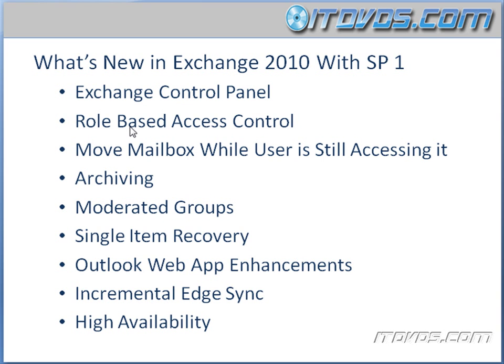Now we have role-based access control, and basically we have cmdlets that are used to manage our Exchange server, and we're going to use roles to say, okay, this user can use these cmdlets, this user can use those cmdlets, and then we're also going to be able to set the scope very easily. So you can only use those cmdlets on this database or on this Exchange server or across our whole organization.